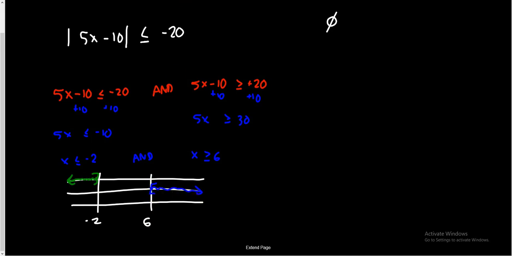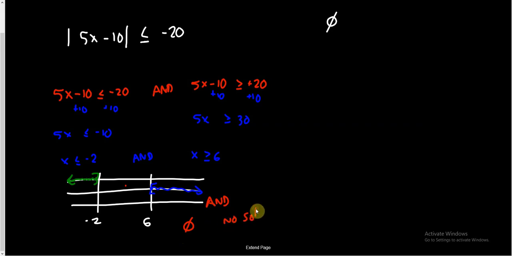And then we pay attention to the word, and the word we have is and. And only happens to have an answer where these two both are. Do I have both blue and green here? No. Do I have both blue and green in the middle? No. Do I have both blue and green on the right? No, I have nothing in my answer. It is completely empty. It is no solution.